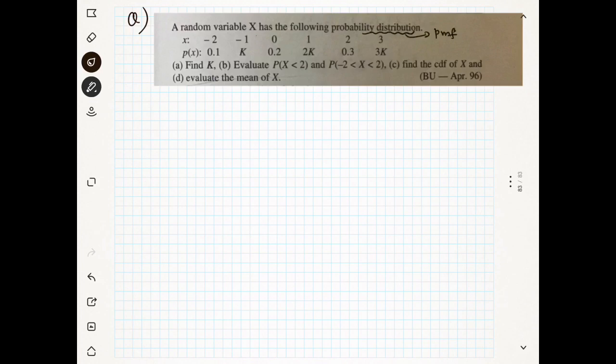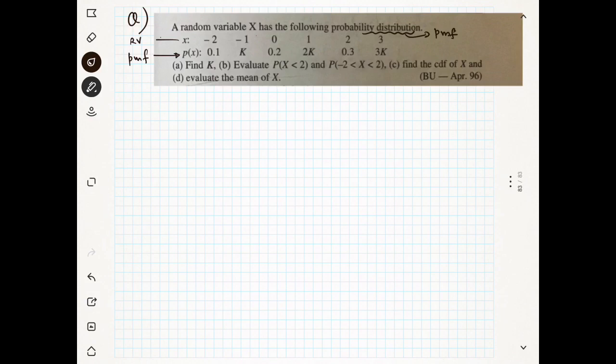Don't get confused: in some textbooks they use distribution also. In general, the probability distribution means the random variable along with its probability mass function. So this is the probability mass function, and this is the random variable.